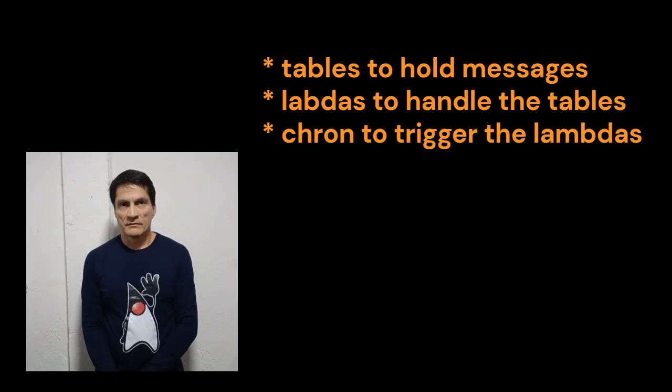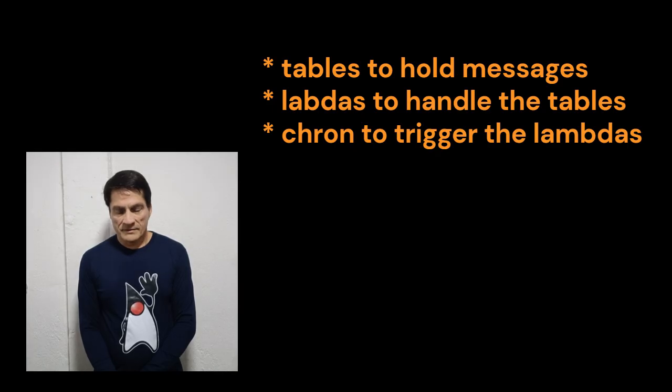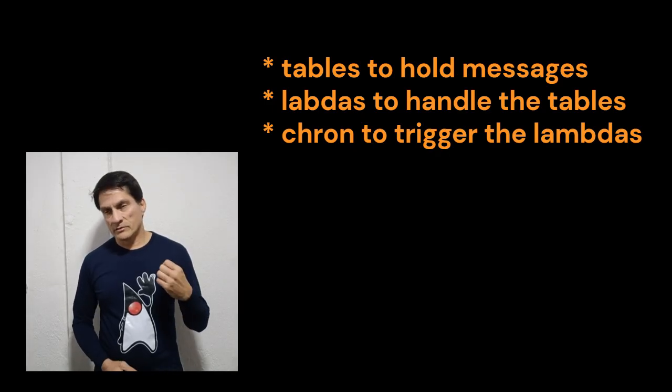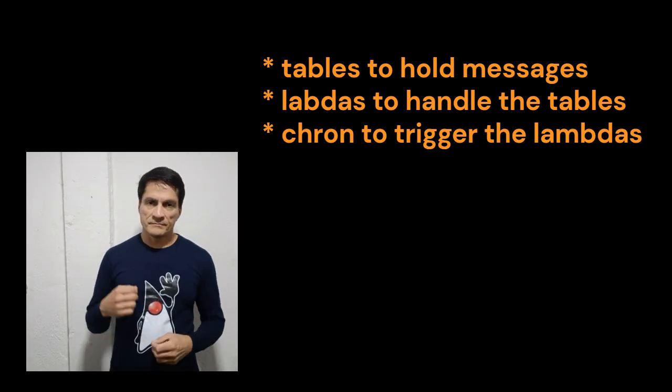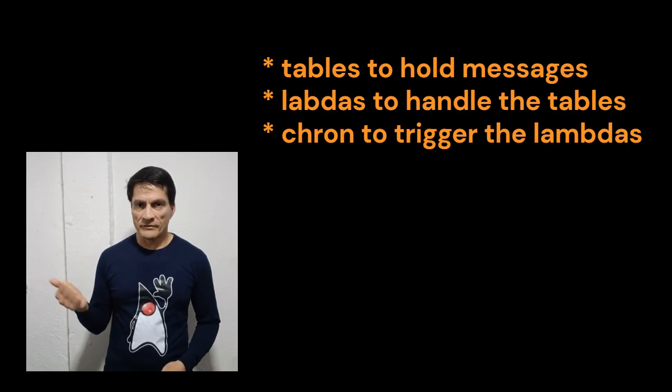So what are the steps to build up such a system using the Outbox pattern? First thing, you gotta create a set of tables in the subscribers and the emitters of the messages.